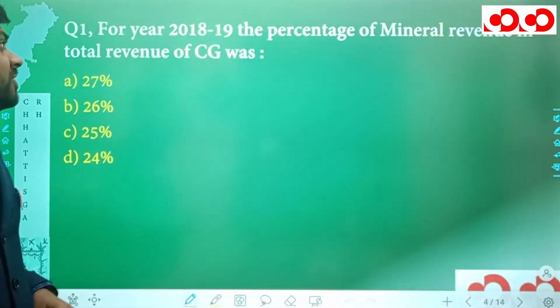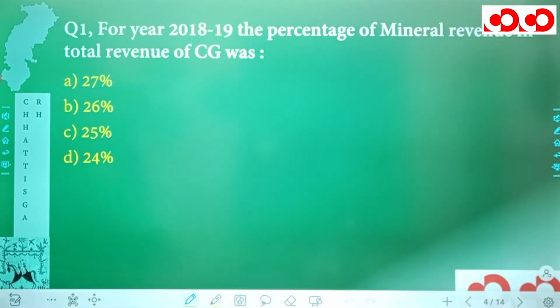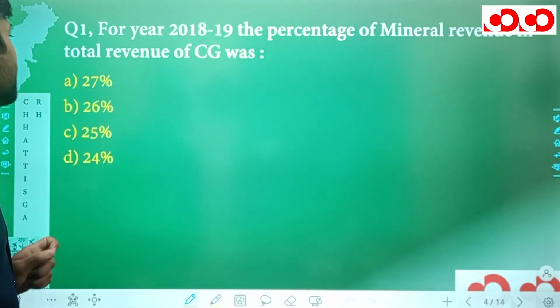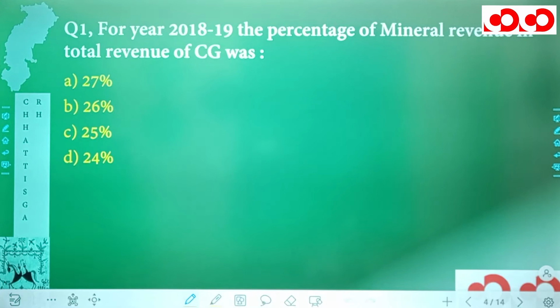So here we have our first question. For the year 2018-19, the percentage of mineral revenue in the total revenue of Chhattisgarh was.